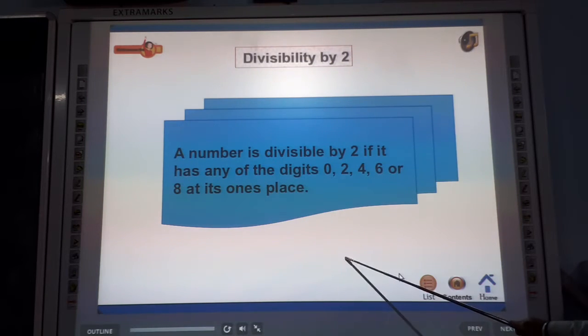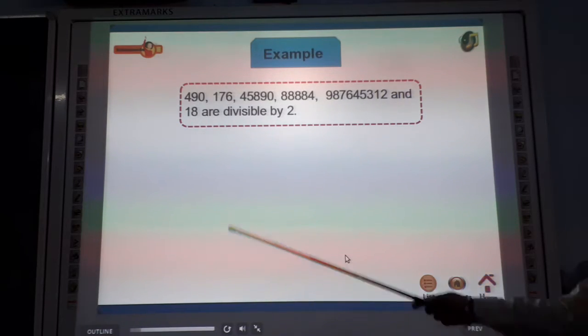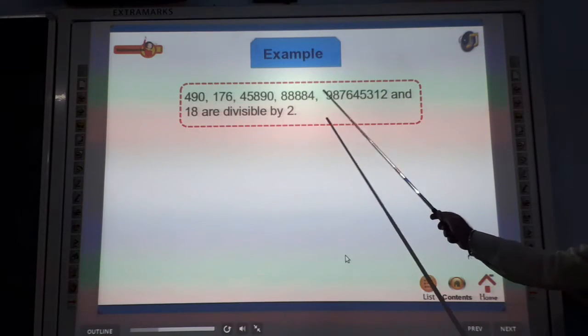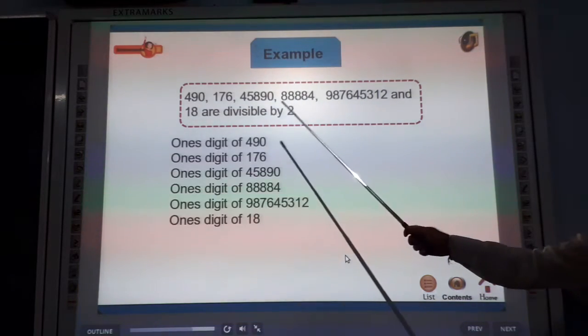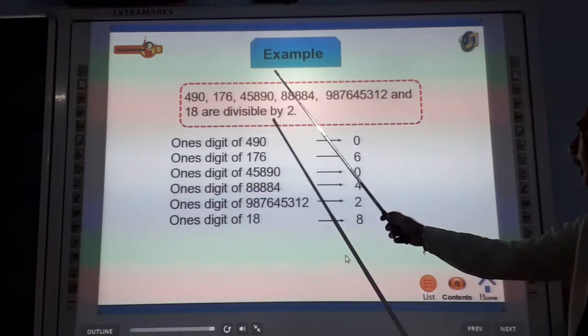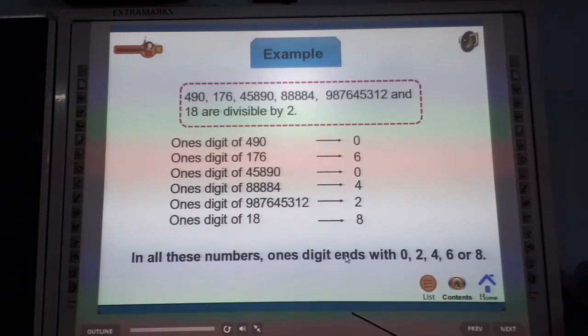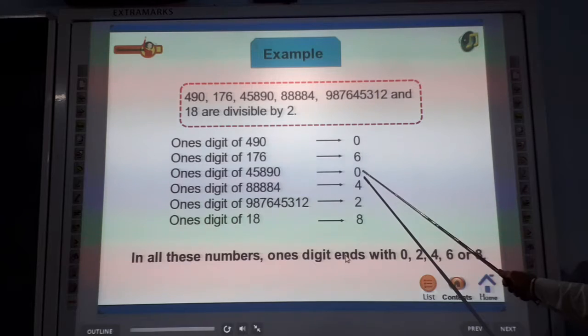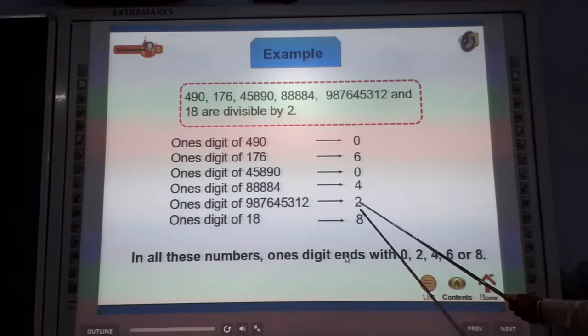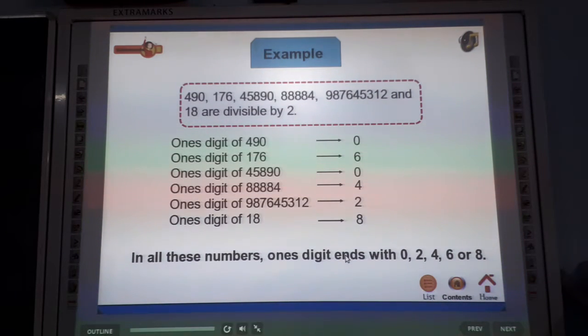Let us see some examples. 470, 176, here all the numbers have an even digit at the unit place, so they are divisible by 2. 0 is even, 6 is even, 4 is even, 2 is also even, 8 is also even. So the rule is that the ones place digit should be even for divisibility by 2.